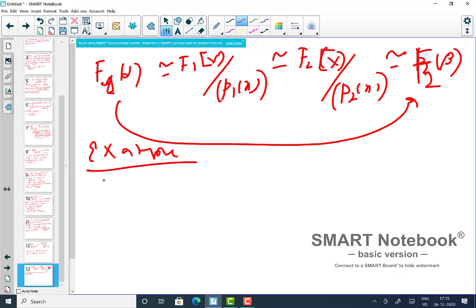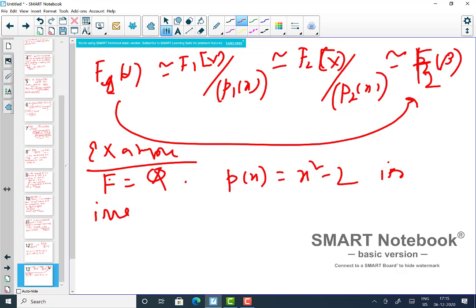Okay, so let me start with my F as Q, the field of rational numbers, and say a polynomial, for example, x^2 - 2. Now x^2 - 2 is irreducible over Q. Just use Eisenstein criteria: 2 divides this, but 2^2 = 4 does not divide this.